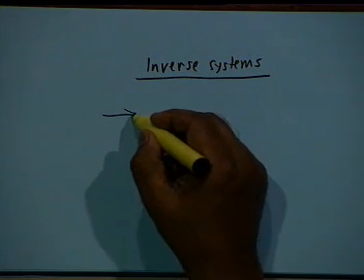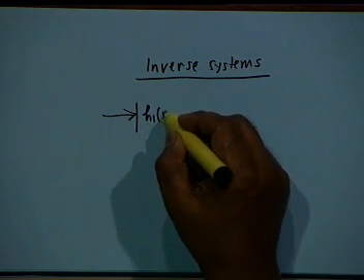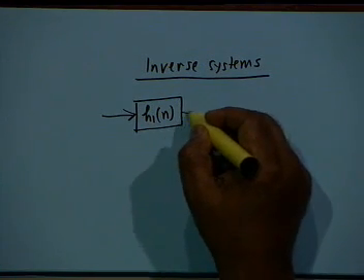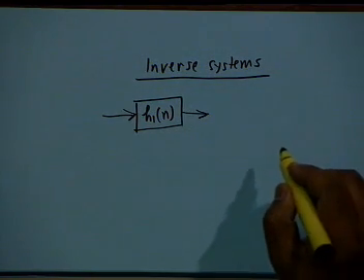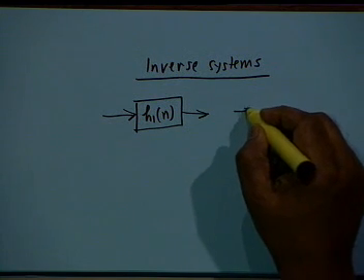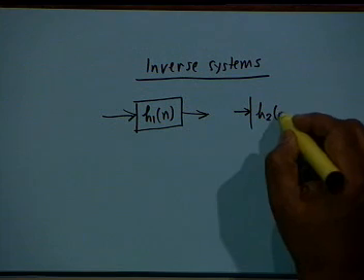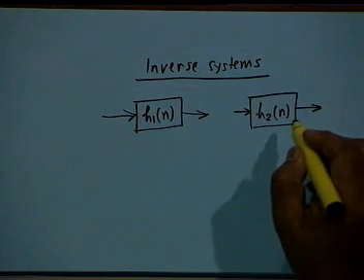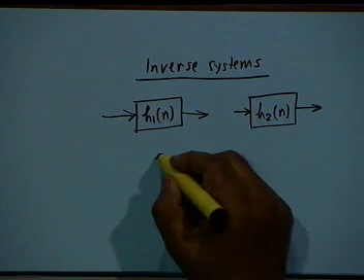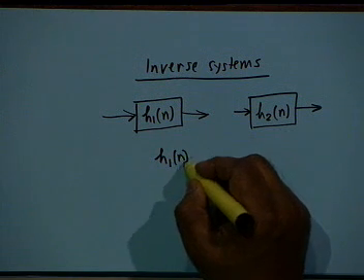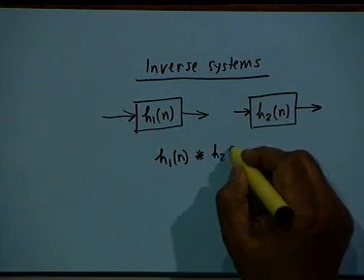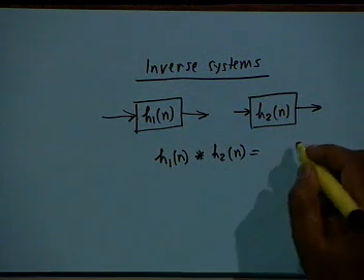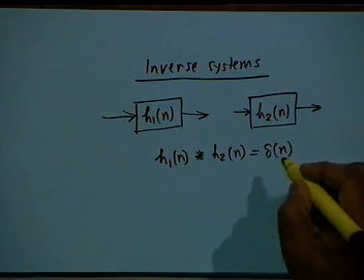A system whose impulse response is h1 of n is said to be the inverse of another system whose impulse response is h2 of n if and only if the convolution of h1 of n and h2 of n is equal to delta n.